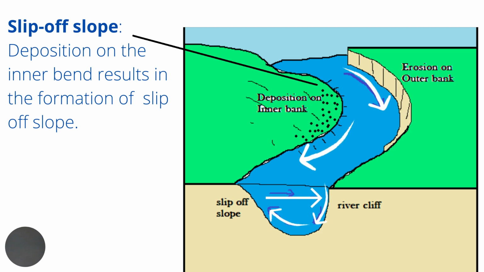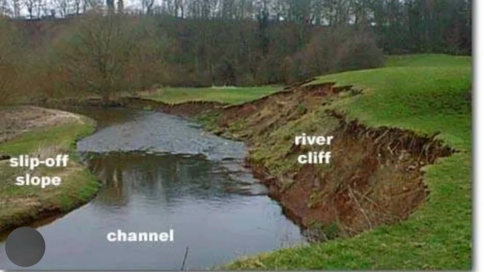Another feature formed within the channel is a slip-off slope, and slip-off slopes develop as a result of deposition occurring on the inner bank. So there we have our slip-off slope and our river cliff.